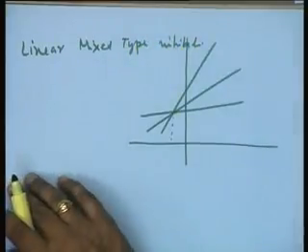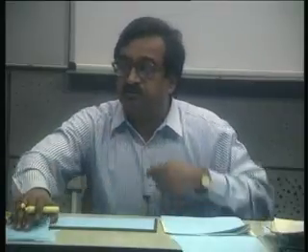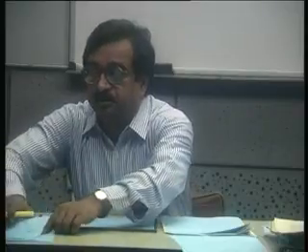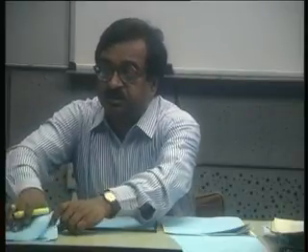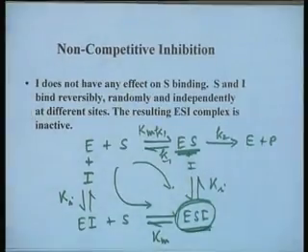Now, this is a typical case of non-competitive inhibition. If you recall non-competitive inhibition, we considered the binding of the inhibitor to either the substrate-bound enzyme or the free enzyme freely.